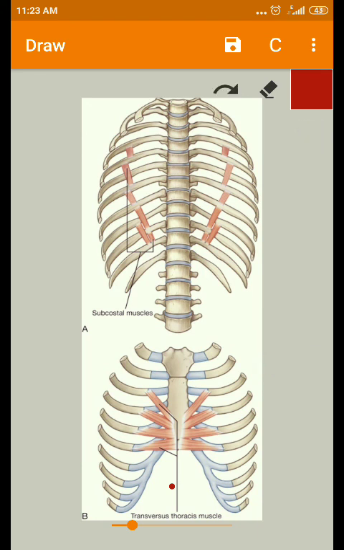So these are the transverse thoracic muscles. The transverse thoracic muscles include intercostalis intimi, subcostalis and sternocostalis. This is subcostalis and this is sternocostalis. These are the small muscles present on the anterior side and the posterior side, and on the lateral aspects the internal and external intercostal muscles are present.